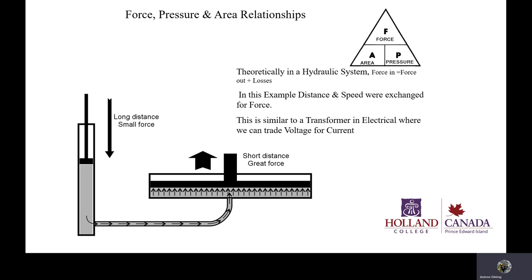In this example, distance and speed were exchanged for force. This would be similar to a hydraulic jack that you would use to jack your car up. If you have a regular everyday bottle jack, you know that you have to pump on the handle 10, 15 times in order to get the output piston ram to even move a little bit.